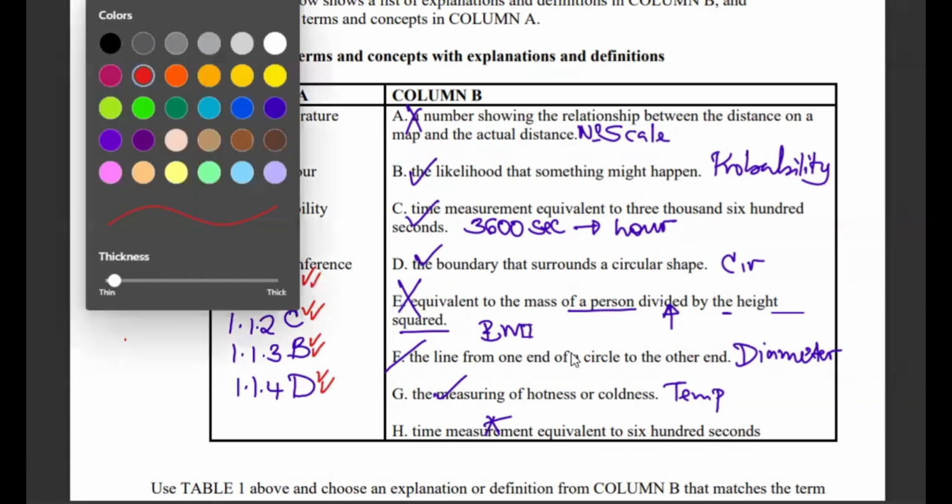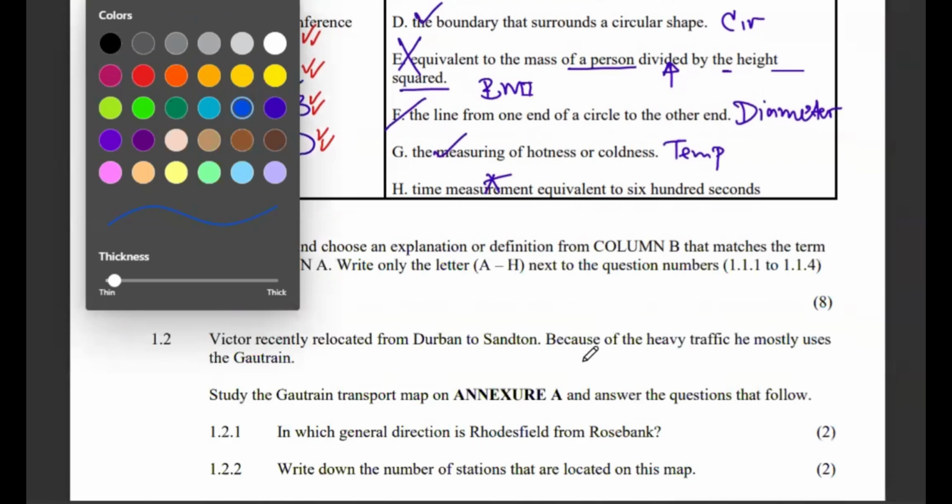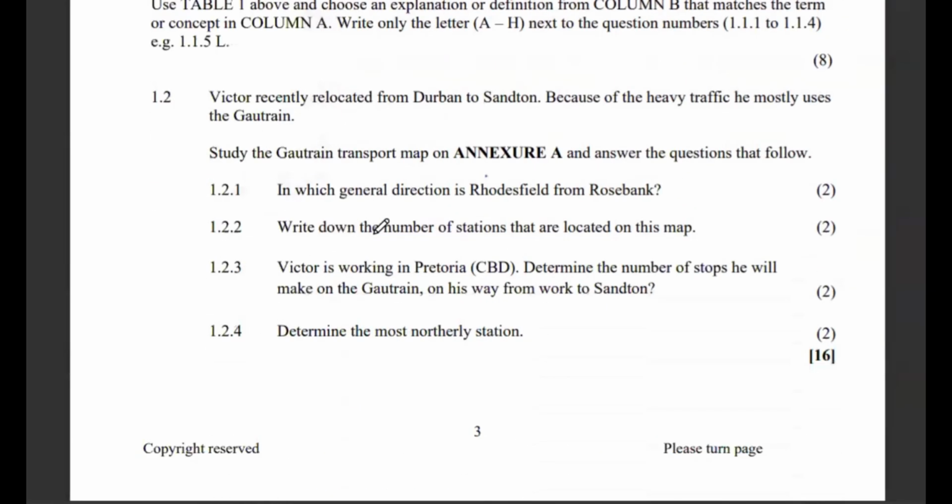We continue the other questions there. Victor recently relocated from Durban to Thornton because of the heavy traffic. He mostly uses the train. Study the train transport map on Annexure A and answer the questions that follow. In which general direction is Rhodesfield from Rosebank? Let's go and see the annexure.